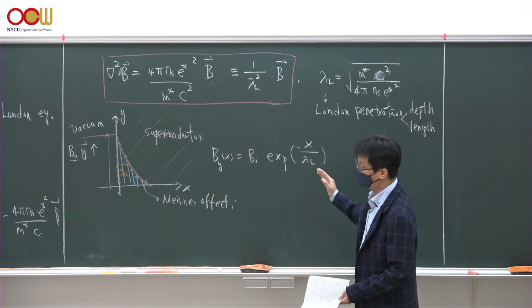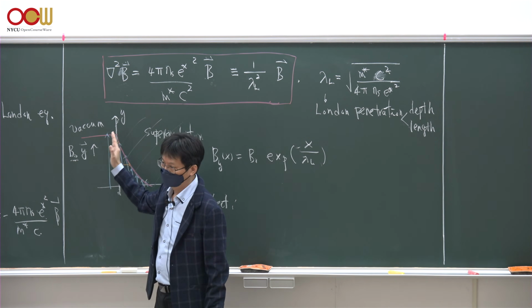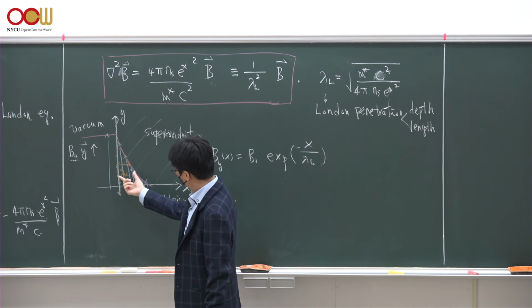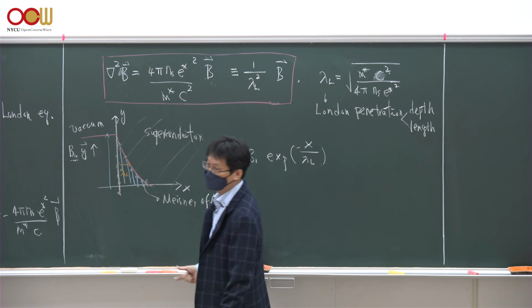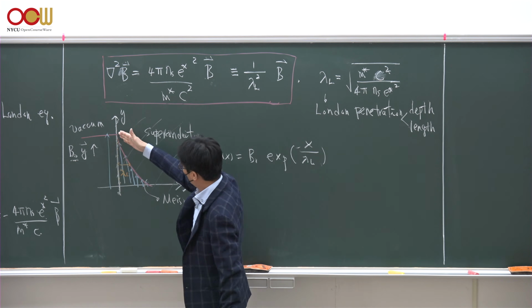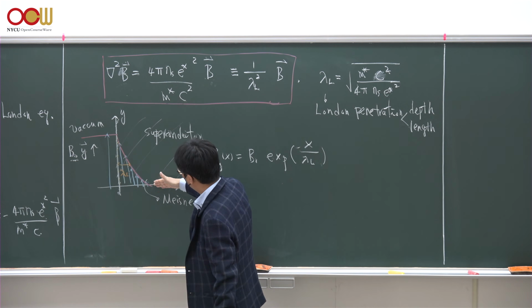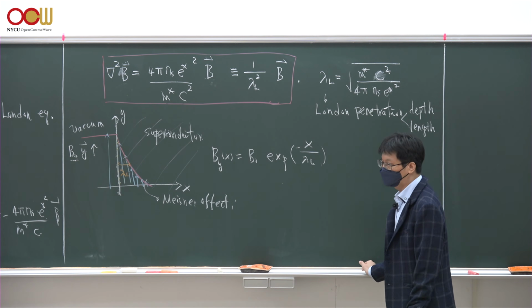This is the accurate description of the Meissner effect, in the sense that the magnetic field does penetrate into the system. However, the London penetration depth is really short, so the magnitude of the magnetic field decays really fast, and it decays exponentially.